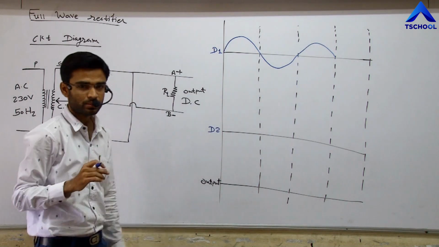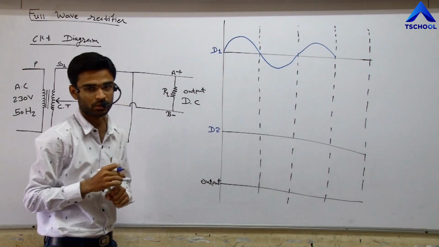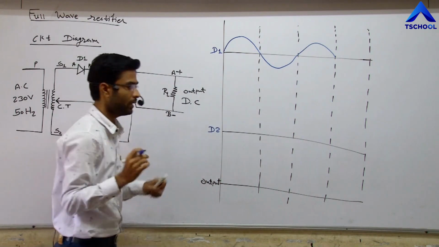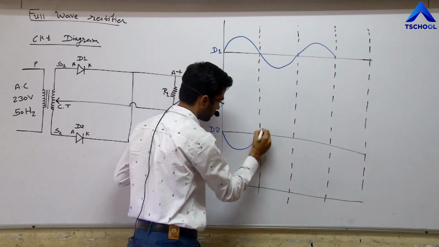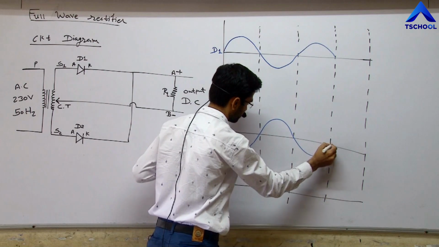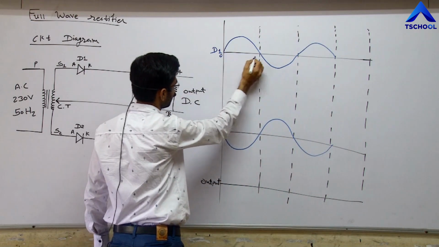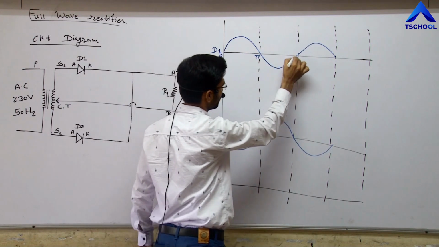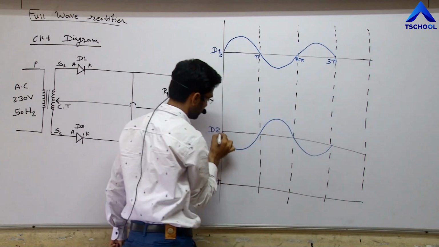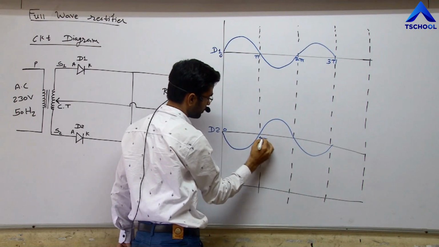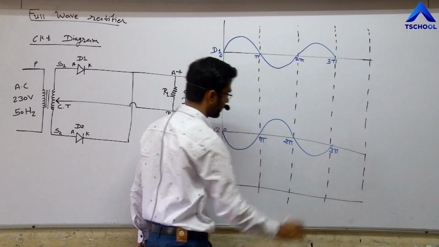The phase difference between diode D1 and diode D2 is 180 degrees, meaning pi radian. Zero, pi, 2 pi and 3 pi. Same here: 0, pi, 2 pi and 3 pi.